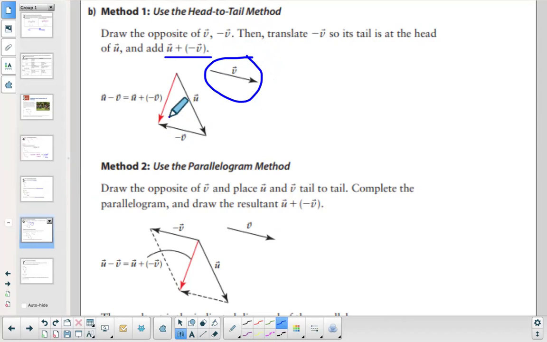So this vector over here is moving in the opposite direction, but we're still using the head to tail method, meaning the resultant is from the tail of the first vector to the tip of my second vector, even though the second vector has been transposed or illustrated in the opposite direction.